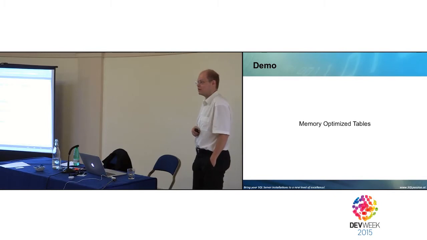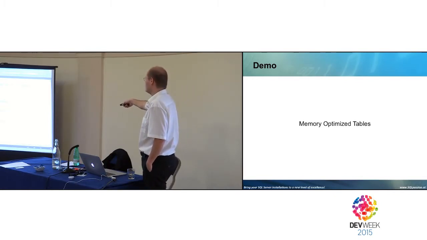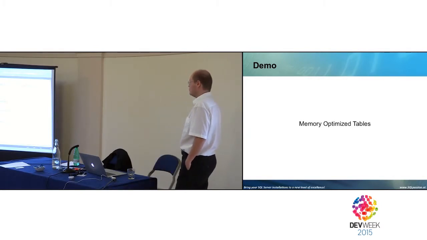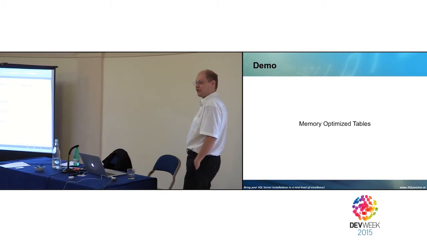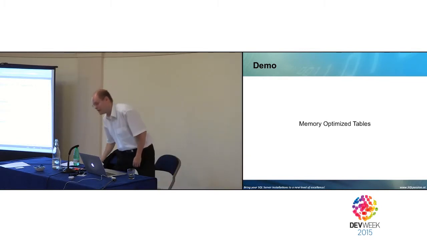So as you can see here, the whole stored procedure inserting 1 million rows took around 50 seconds because we had generated a huge amount of hash collisions.